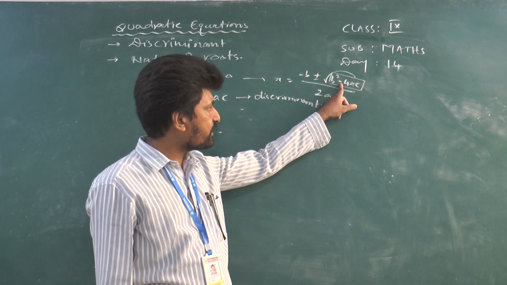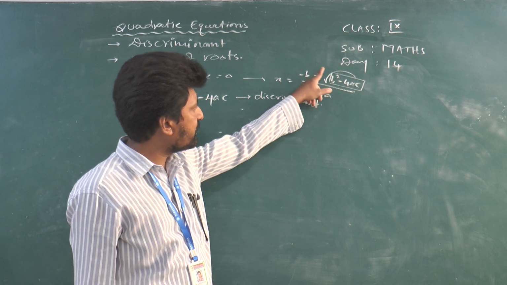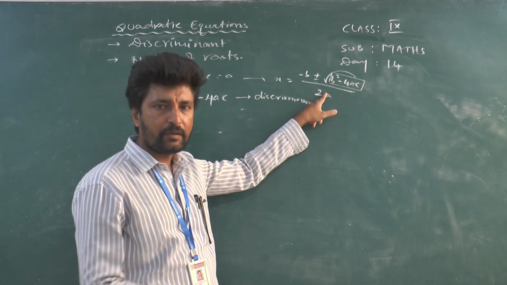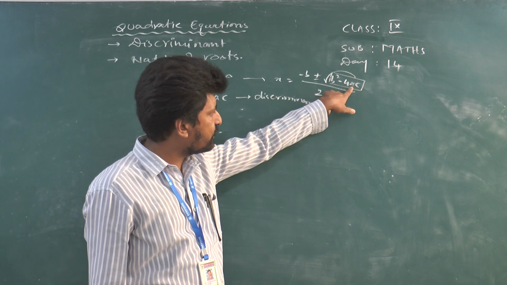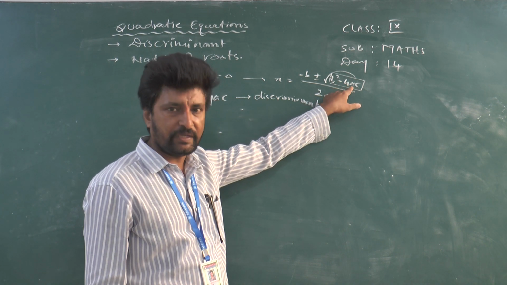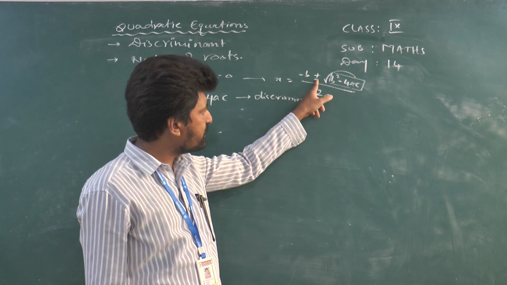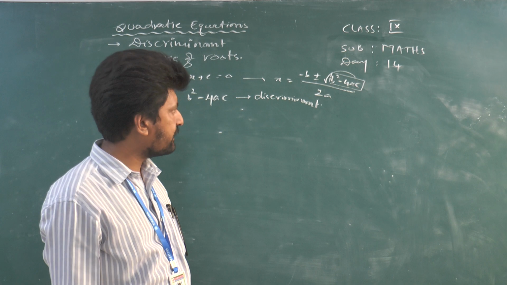Suppose b square minus 4ac equal to 0 happens, then minus b plus 0 by 2a and minus b minus 0 divided by 2a, both roots happen to be equal. Suppose b square minus 4ac is positive, then minus b plus that one and minus b minus that one, different real roots we are getting.